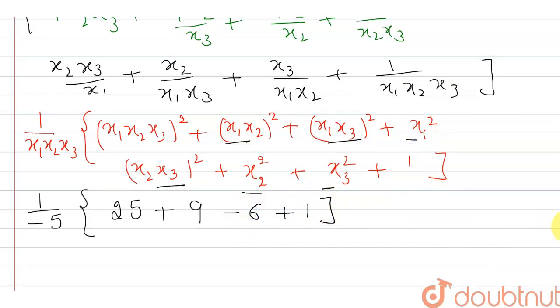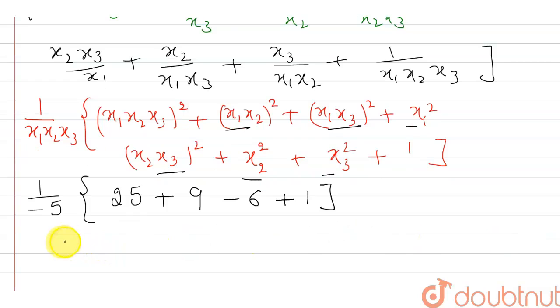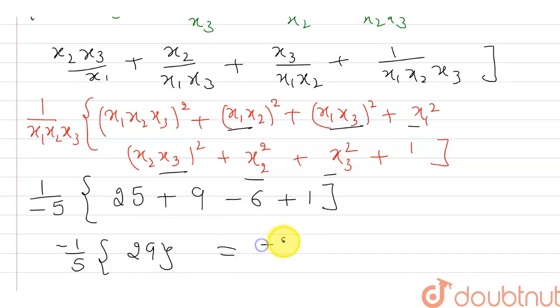So see, this will be equal to minus 1 by 5, 25 plus 1, 26, plus 9, 35. 35 minus 6, 29. Okay student, so this will be equal to minus 29 by 5. So this will be my answer.